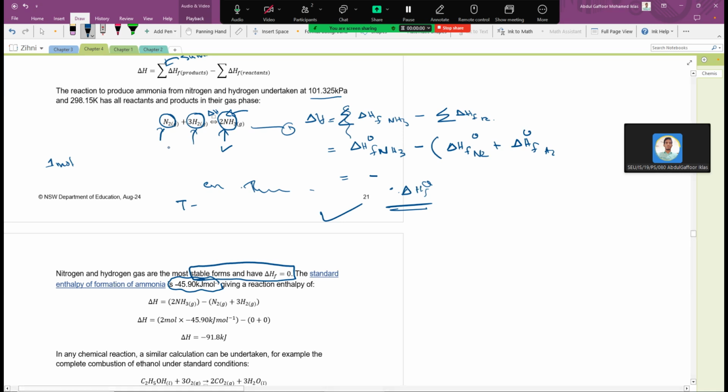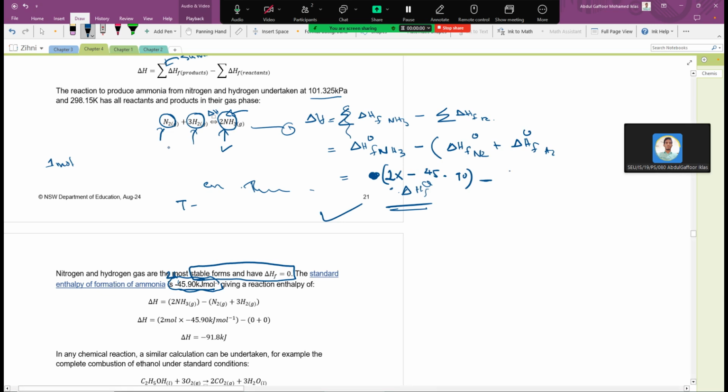In order to form 1 mole of ammonia, this amount of energy is released. So if we want to form 2 moles of ammonia, then 2 times this amount should be there, right? So we have to just multiply 2 times of minus 45.90, right?